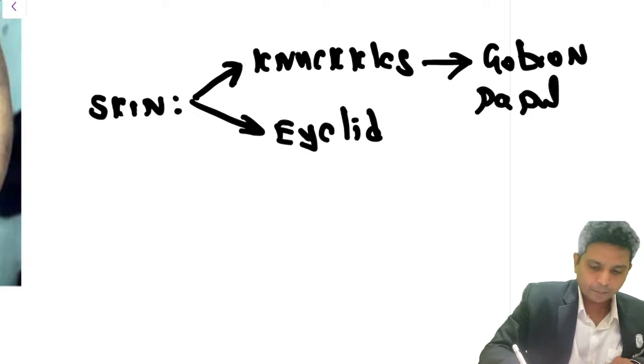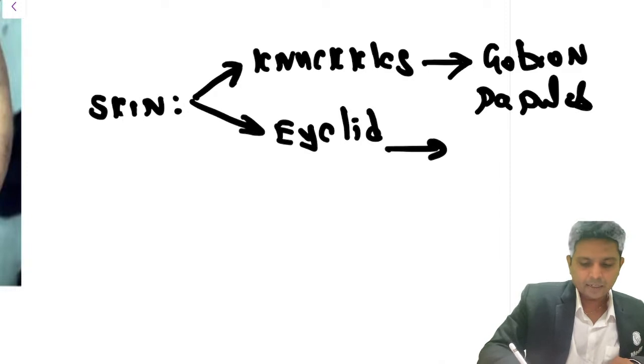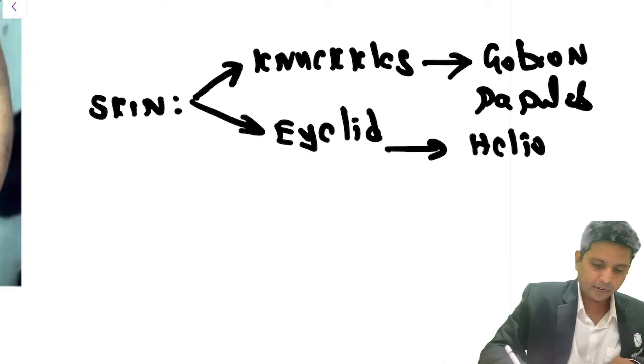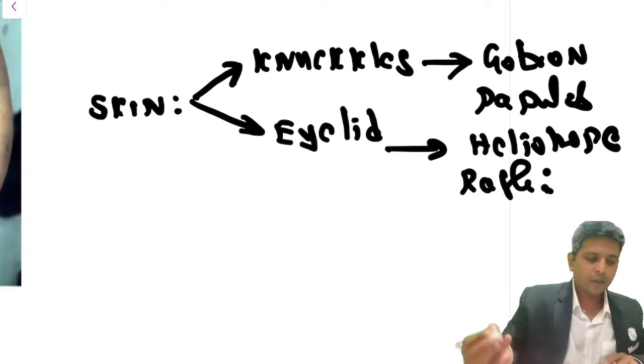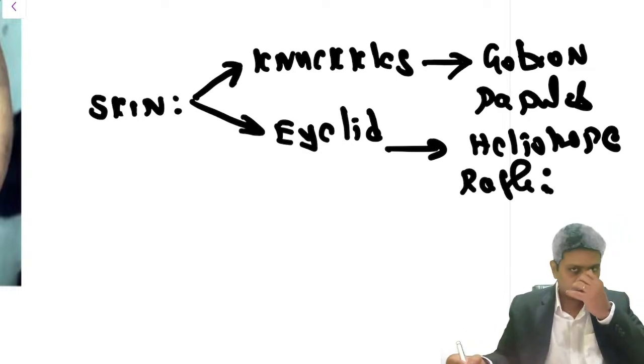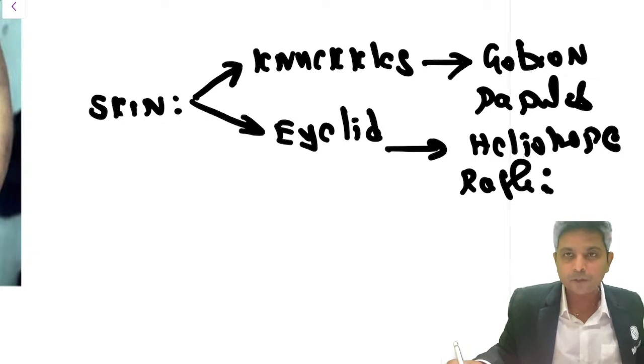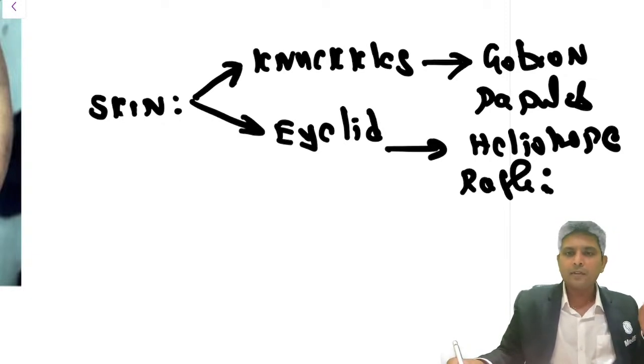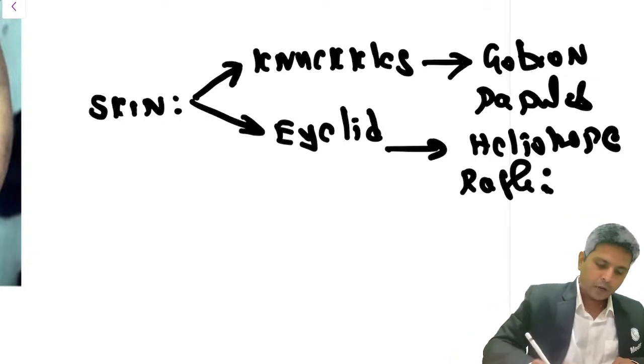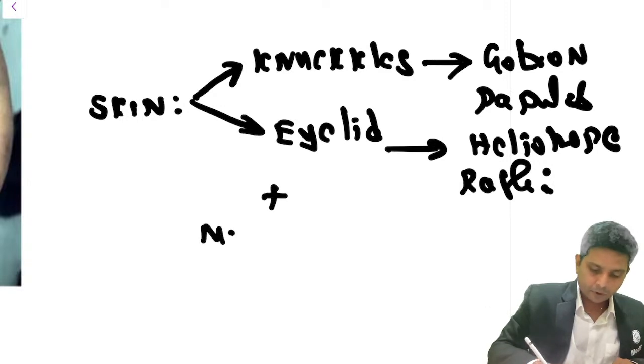In the eyelids it is called heliotrope rash. So the two skin manifestations of juvenile dermatomyositis are Gotron papules and heliotrope rash, along with muscle involvement.